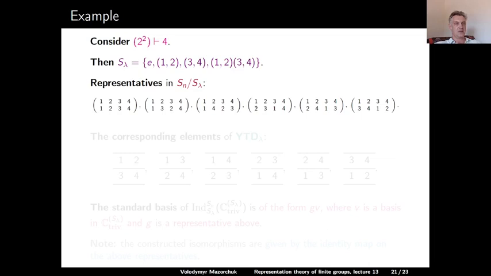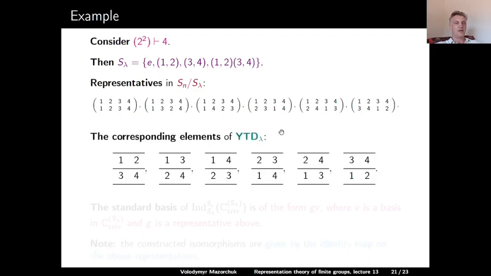Then we have the cycle 1 goes to 2, 2 goes to 3. Then we have the cycle 1 goes to 2, 2 to 4, 4 to 3, and 3 to 1. And finally, we have the product of the transpositions (1 3)(2 4). Here are the Young tabloids of shape 2, 2, which corresponds to these coset representatives.